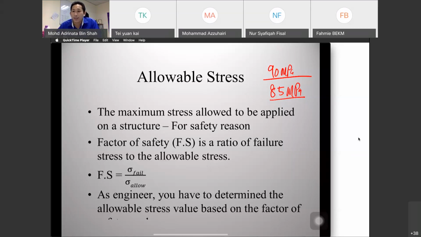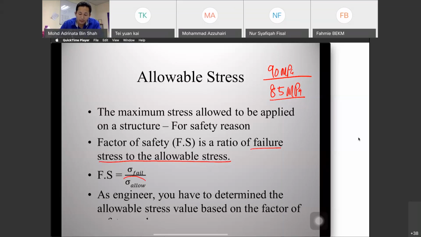We don't want our product designs to fail. So, the stress allowed to be applied on a structure. Factor of safety is a ratio of failure stress to the allowable stress.